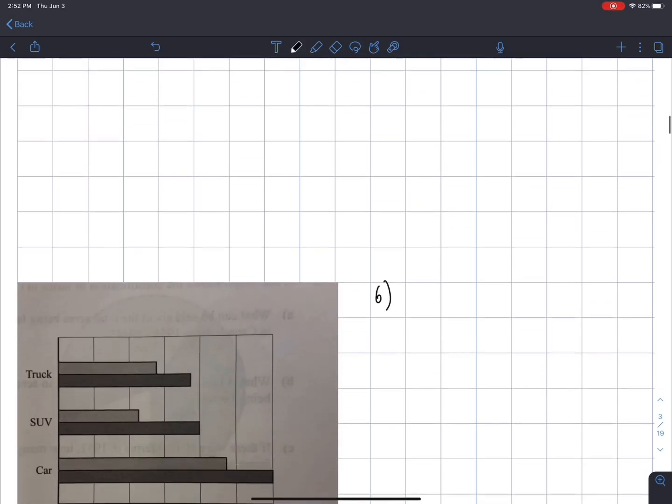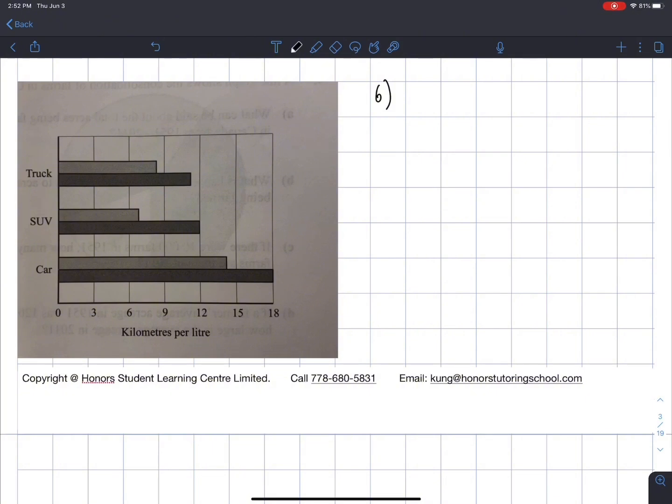Okay, question 6. What is the average fuel economy, city slash highway, of the truck?